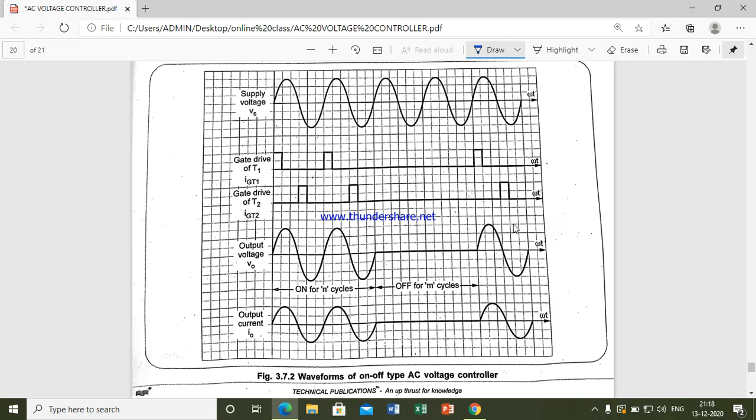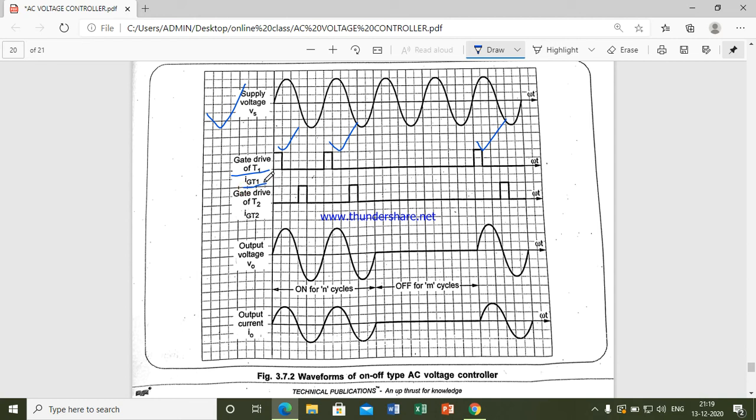We are supplying a sinusoidal signal to this circuit. We will make SCR1 on in this interval. This is the gate drive of T1, meaning you are applying IGT1.